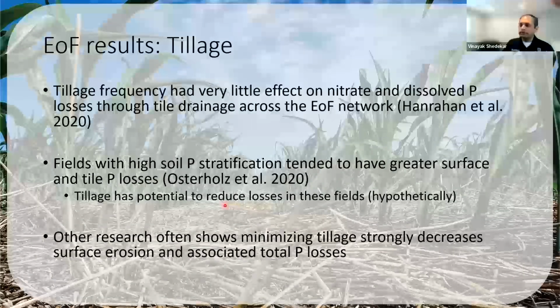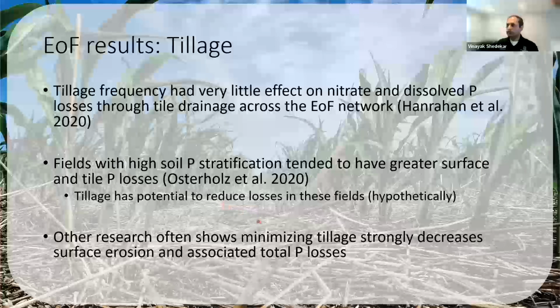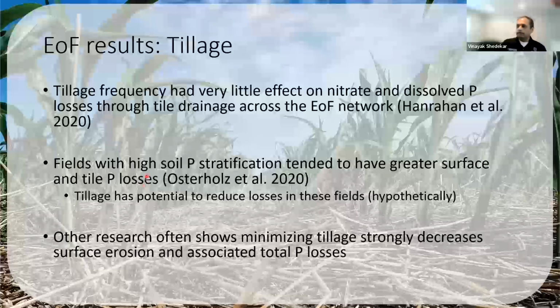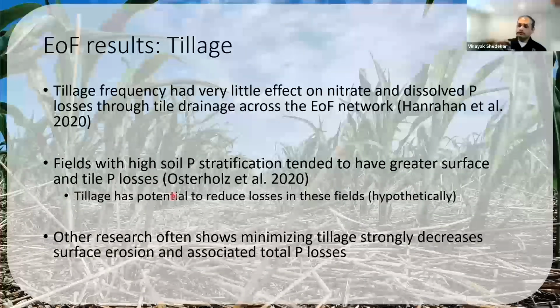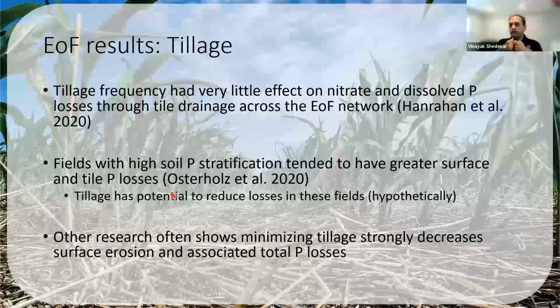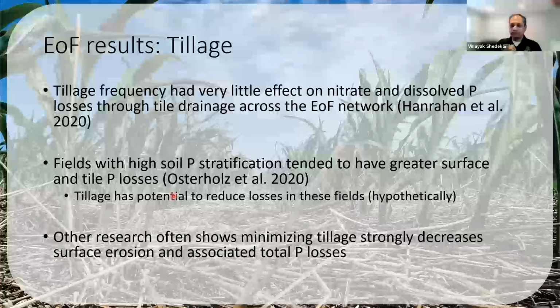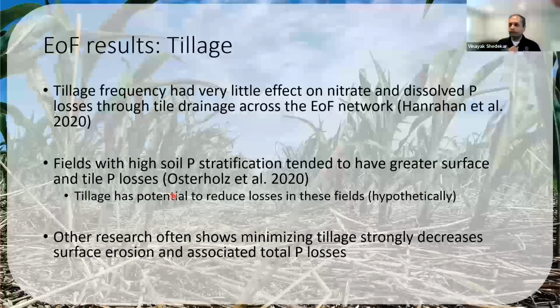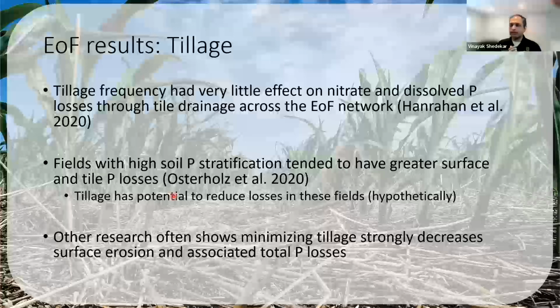So definitely tillage has a potential to reduce losses in these fields. And that's the hypothesis, that if you are able to redistribute that phosphorus in deeper layers, then there is potential for you to minimize the phosphorus losses. But how do you achieve that in a no-till system is still a bigger question.